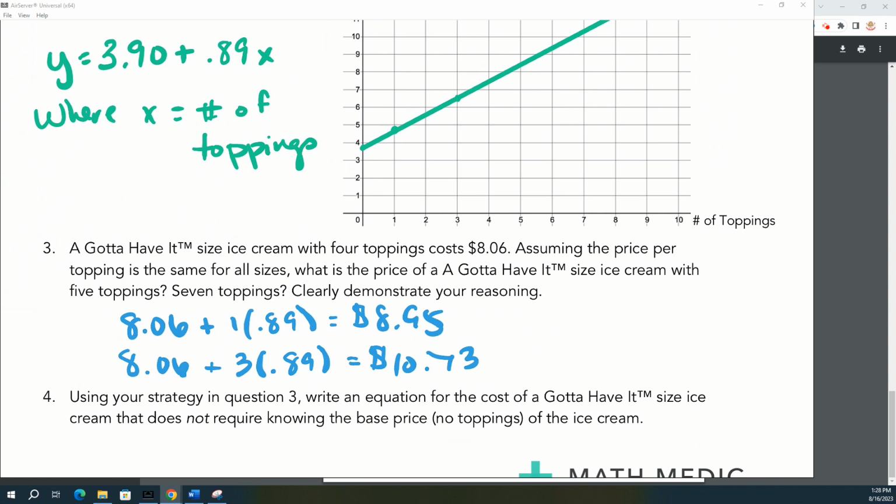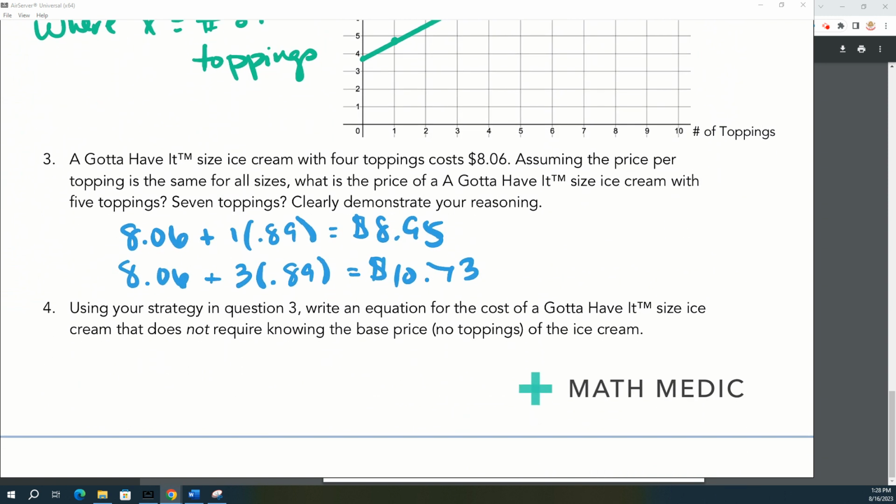Okay, gotcha. All right, and then the last question, I'm not sure if you guys figured out, is worded in a way that was a little bit confusing, but they wanted you to not know the base cost of a gotta have it and just use that $8.06 and then figure out a formula you could use. So you're going to add slopes to it.